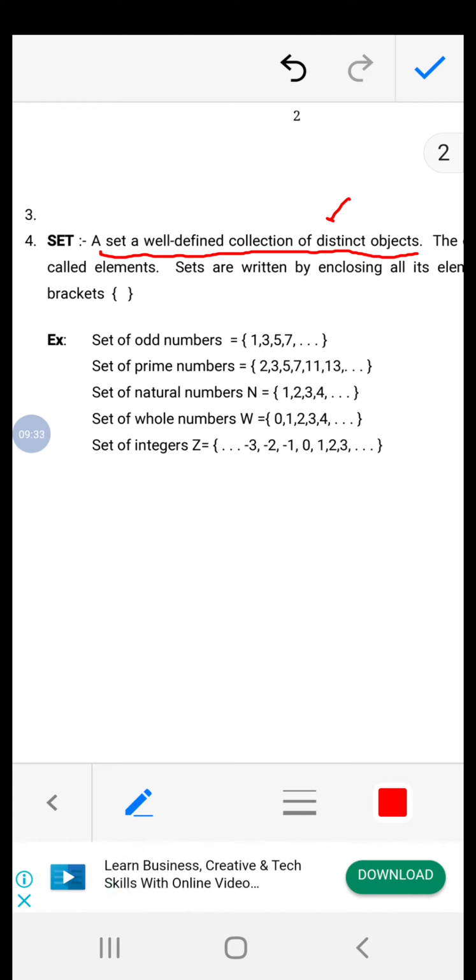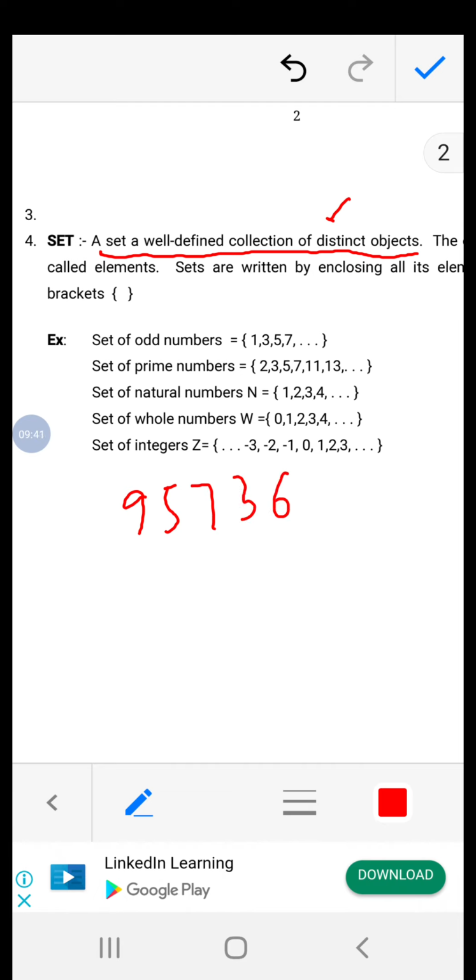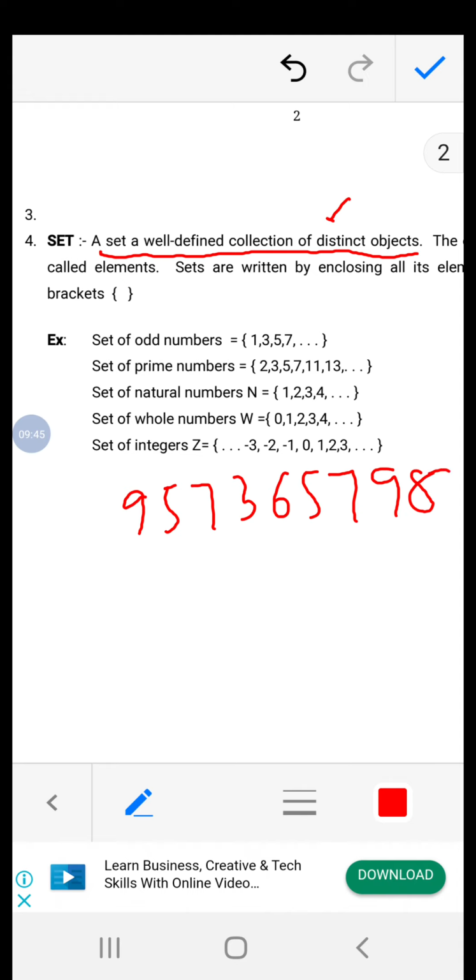So now let us see what it means. Suppose you have somebody's phone number as 9573657987. Let us count: 1 2 3 4 5 6 7 8 9 10. Now, there is a 10-digit phone number.